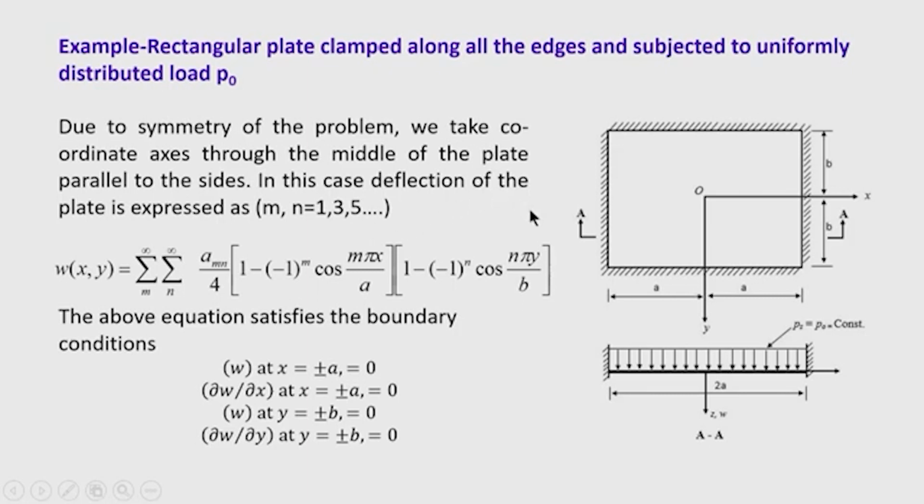Again at y equal to b, you will get 1 minus 1 equal to 0. So, the deflection condition is satisfied at x equal to a or x equal to minus a, or y equal to b or y equal to minus b.